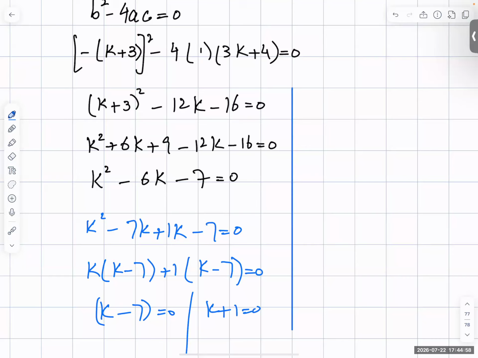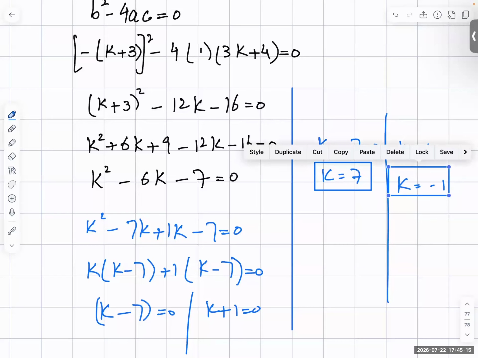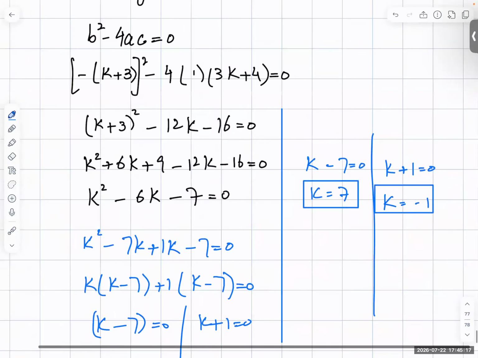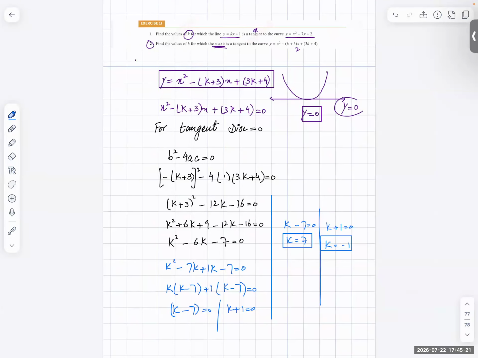That gives us k equals to 7. And k plus 1 equals to 0 gives us k is equal to negative 1. Okay. I hope it's clear. Yes.